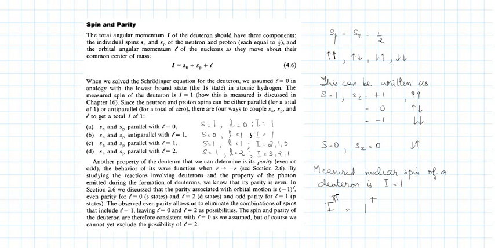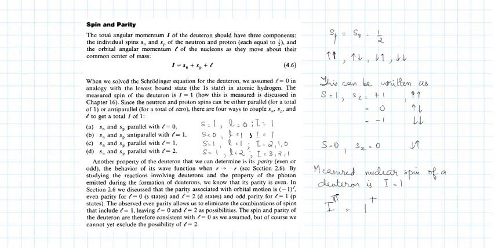Now, these 4 options can be written like this. When both spins are parallel, the resultant spin is 1. When both are anti-parallel, the resultant spin is 0. So S equal to 1 can have 3 different projection values, which is plus 1, 0, and minus 1. So these 3 options can be taken as projections of S equal to 1 state.